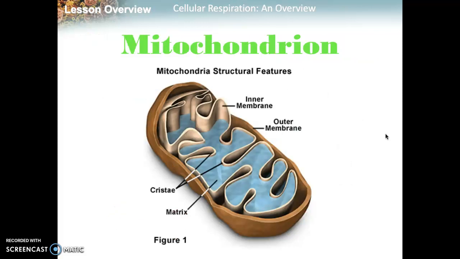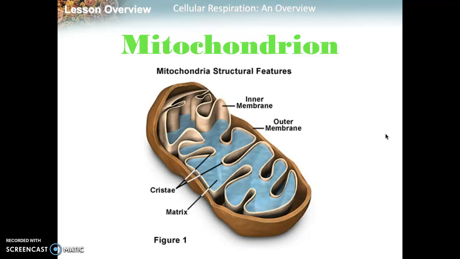Again, we have a special structure in our cells to do that. All eukaryotic organisms do, whether they're plants, animals, fungi, or protista, and that is the mitochondrion. And here you can see, just like the chloroplast, the mitochondria have an inner and outer membrane. Then we have what is called the cristae.